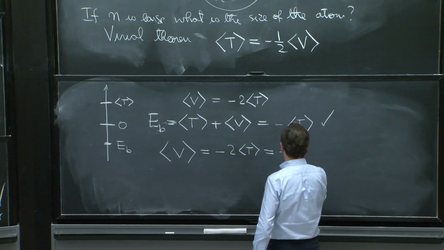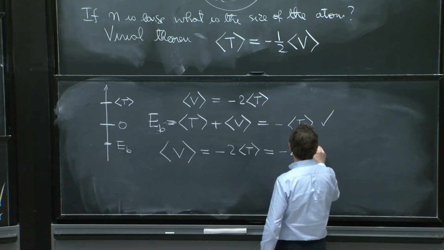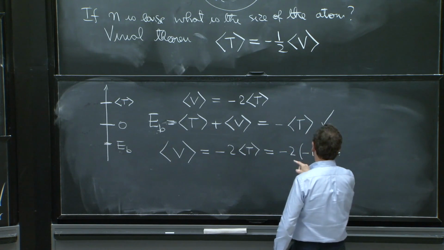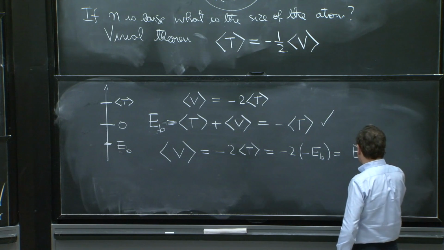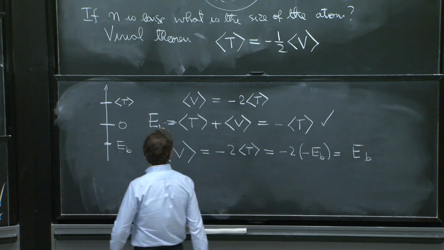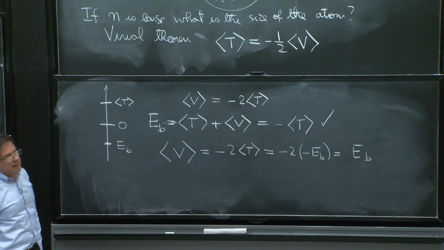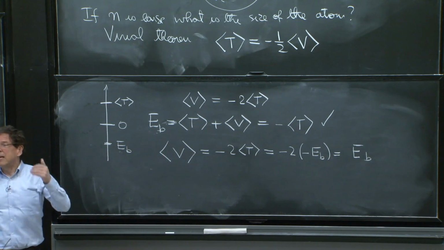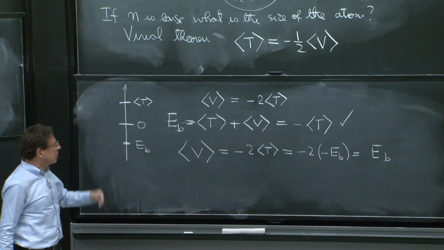So you have a minus 2 times minus the energy, and it's equal to the energy. And this is correct. The expectation value of V is the energy, and the expectation value of V is negative, and the energy is negative.